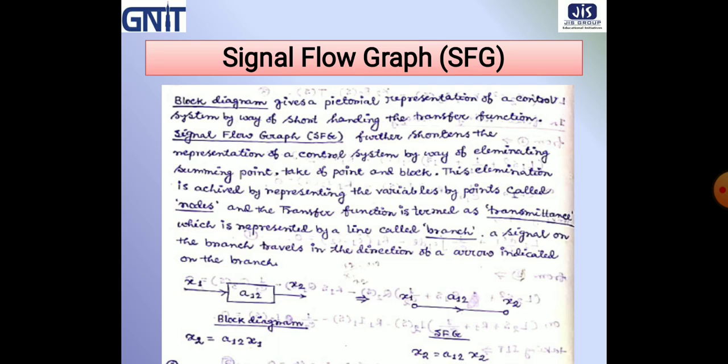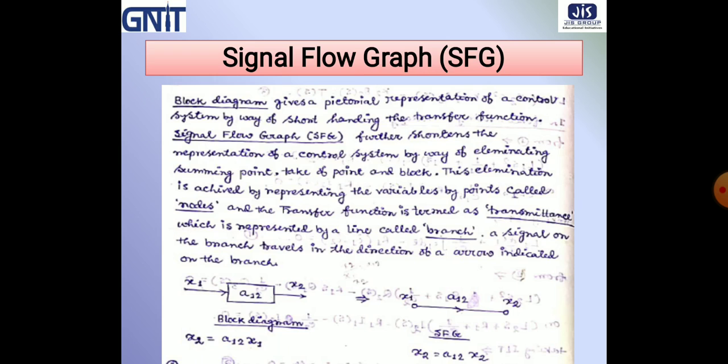And in signal flow graph, the transfer function is called transmittance, which is represented by a line that is called branch. A signal on the branch travels in the direction of an arrow indicated on the branch.